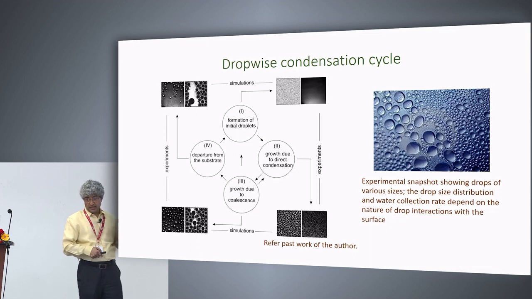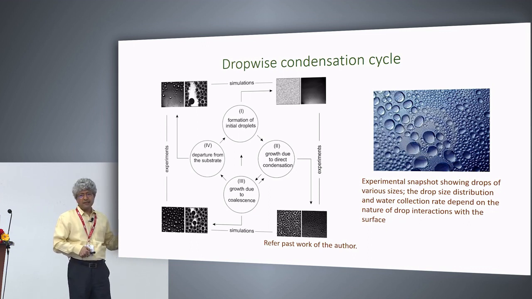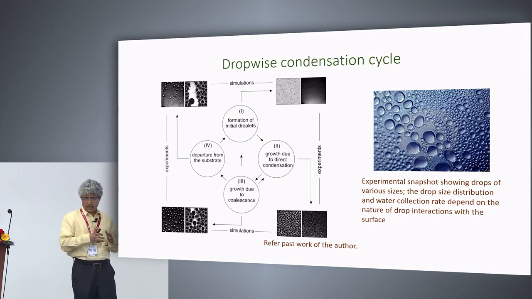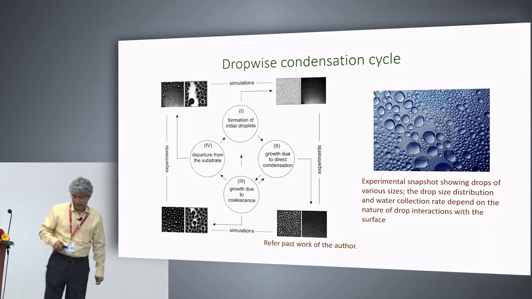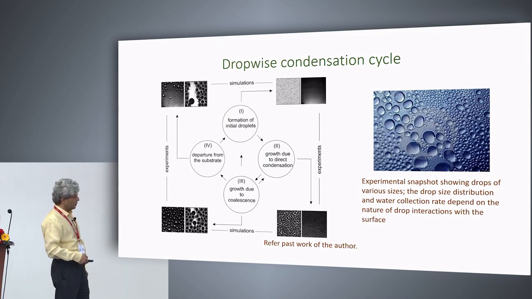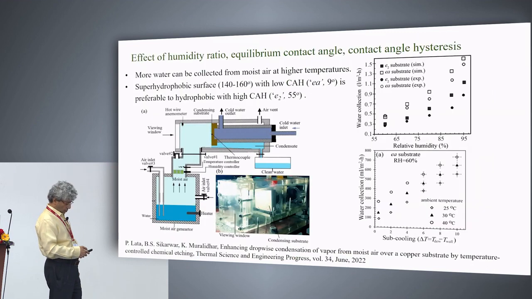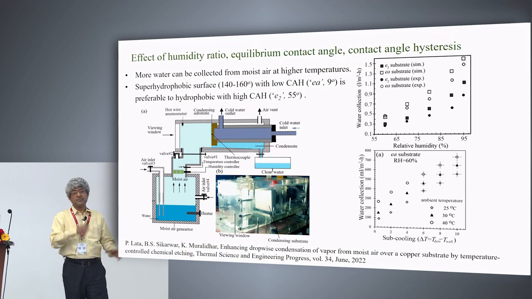So the process of condensation generates a whole range of drop sizes. The large drops finally drain away, and that is the useful output of this technique. So we built an atmospheric water generator, tried out various surfaces.